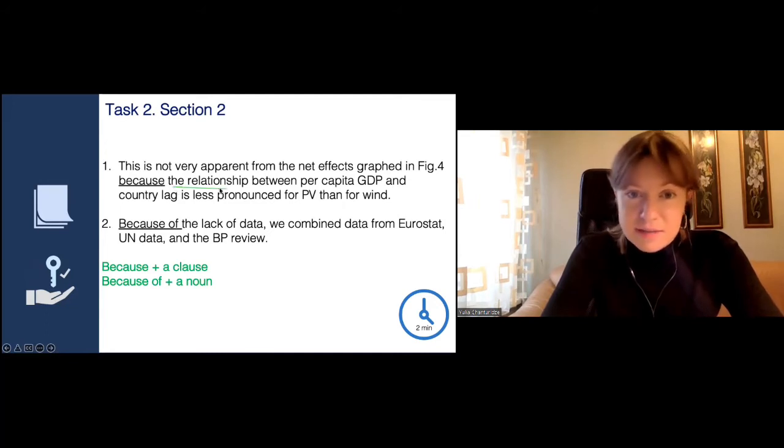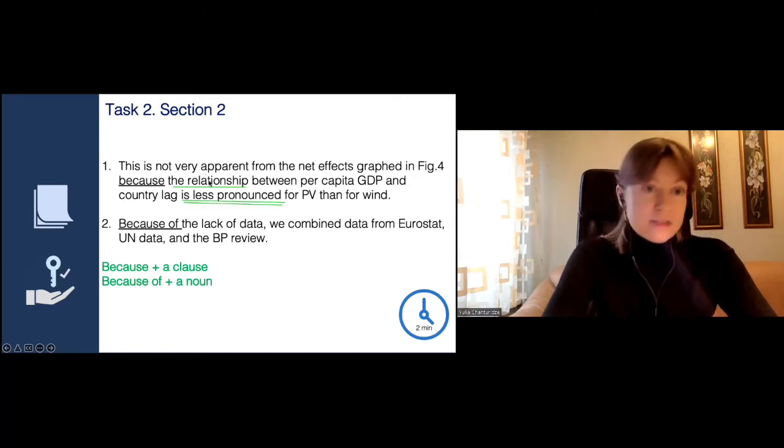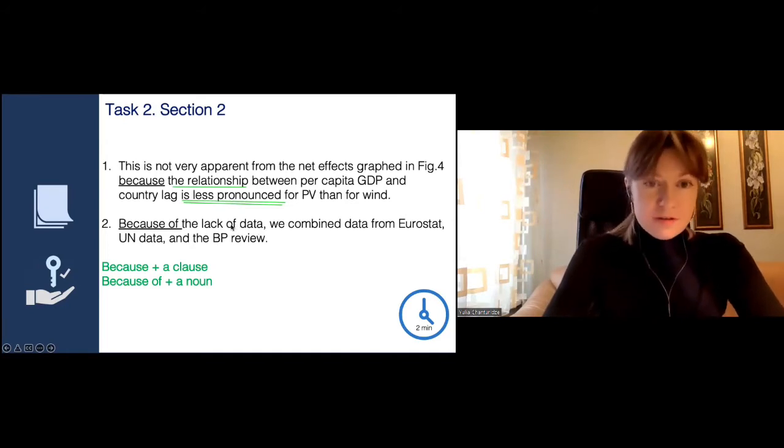So yes, the relationship: we have the subject and the predicate, whereas here we have just a noun. It's not a clause. Therefore, we should be careful when using because of, since no verb is possible after that part.